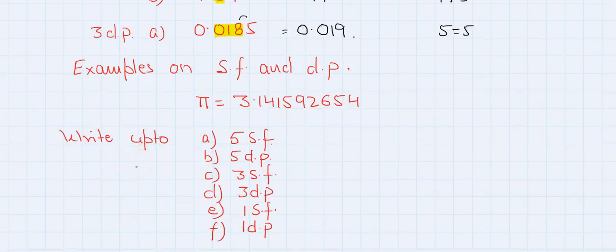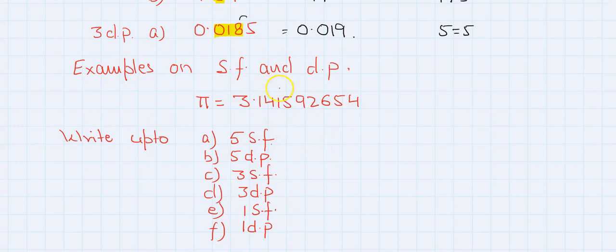Now let's take an interesting example, that is the value of pi. So we have written the value of pi 3.141592654. Now we have to write this value of pi up to 5 significant figures.